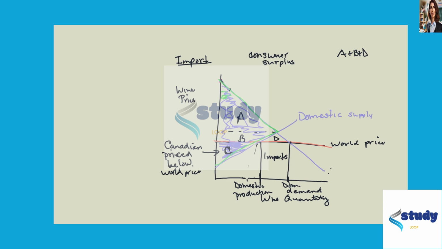So this is with trade. All right, if we have any producer surplus, next on our list will be represented by area C.